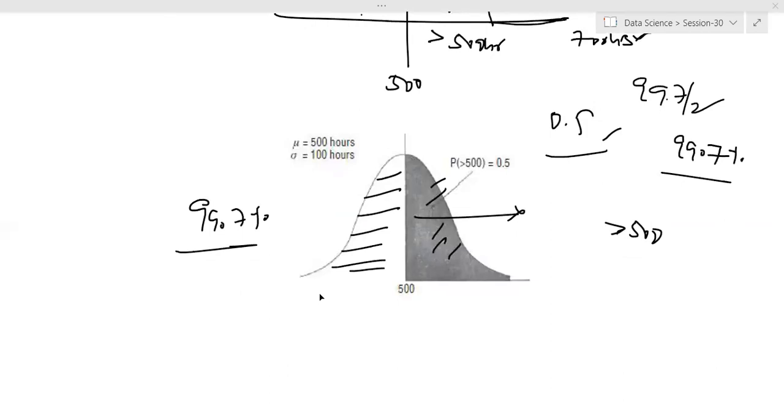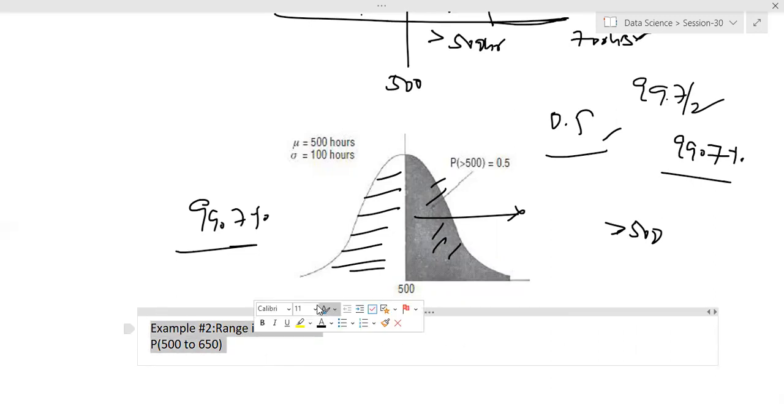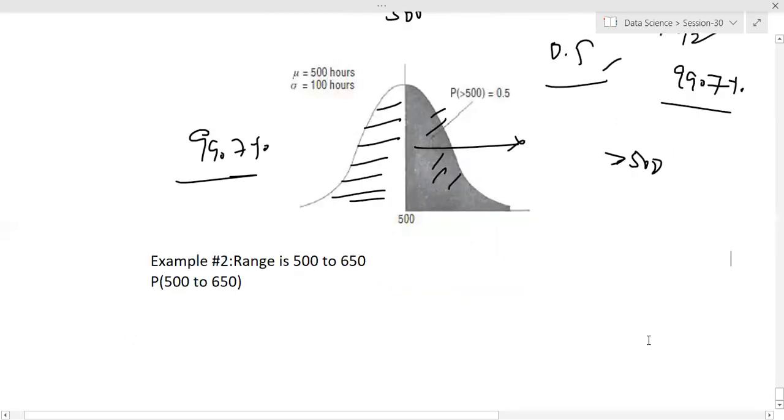Now on the same grounds, think this through. If I want to get the number of members between 500 and 650 hours, the mean value is 500.